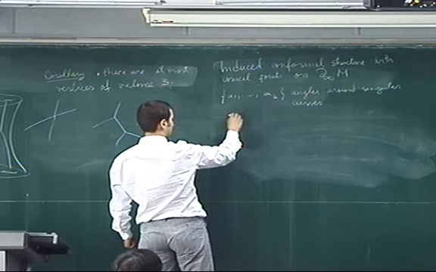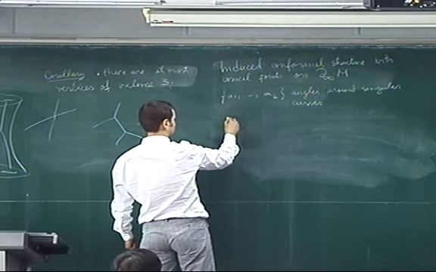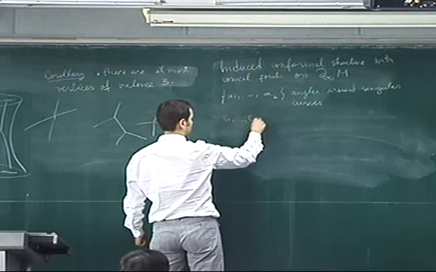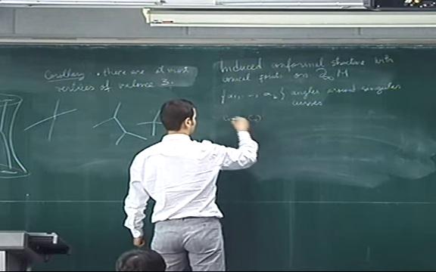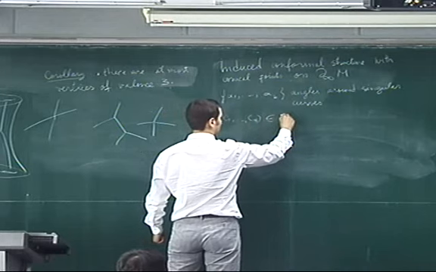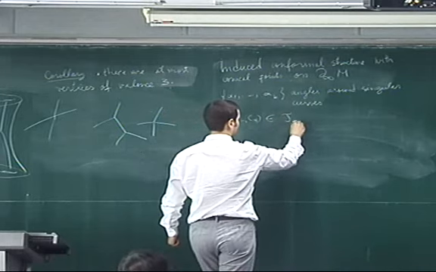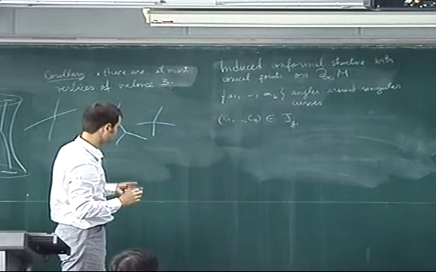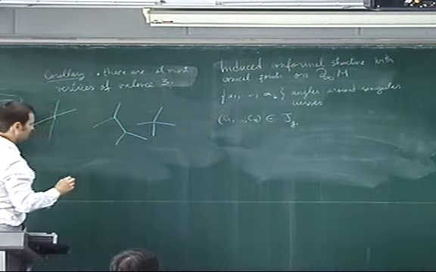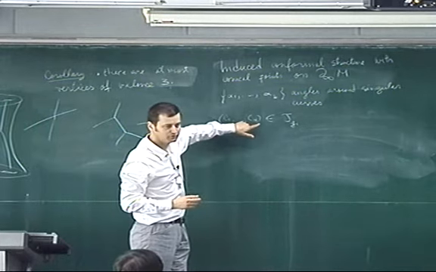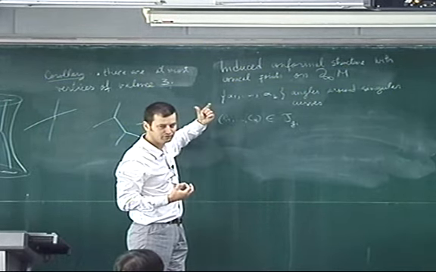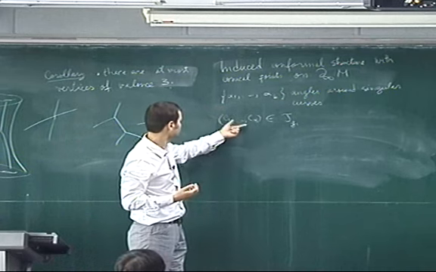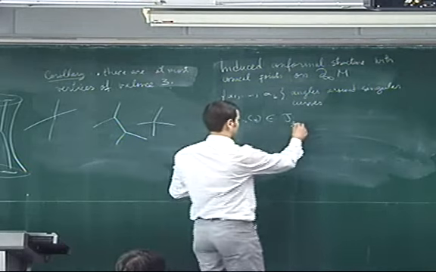Okay, and then I have, let's say, n connected components of the boundary, which are n surfaces at infinity, each of them with some marked points.